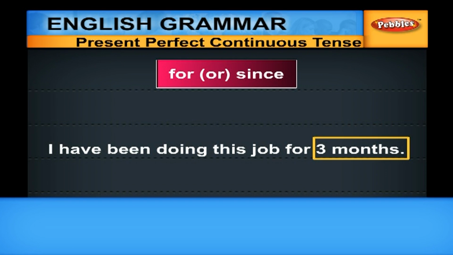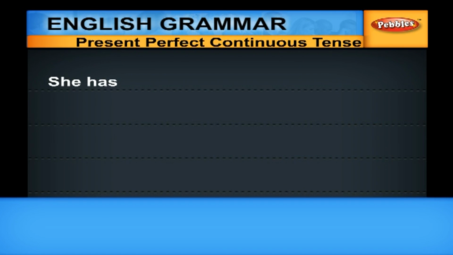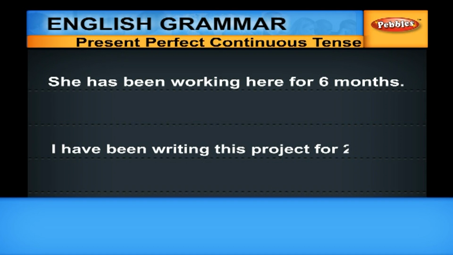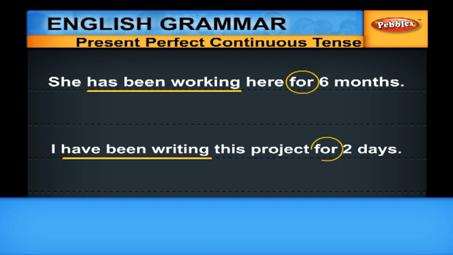When you are referring to the duration of the action, we have to use for. She has been working here for 6 months. I have been writing this project for 2 days. For duration, you have to use for.